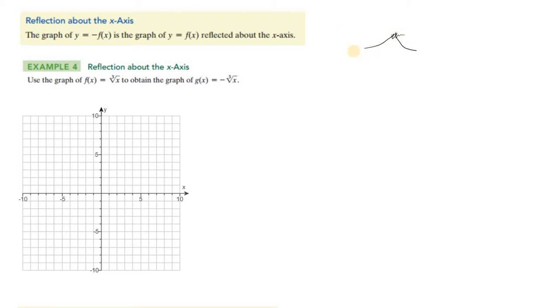I guess so thinking here you have a river, or let's just say it's a lake, and then you have a reflection. Obviously this is not perfect. Alright, anyway, so if we have negative f of x, and then we say that is the reflection about the x-axis. Okay, so that's something you need to remember. Let me use this color, so maybe you can recall this is just the lake.